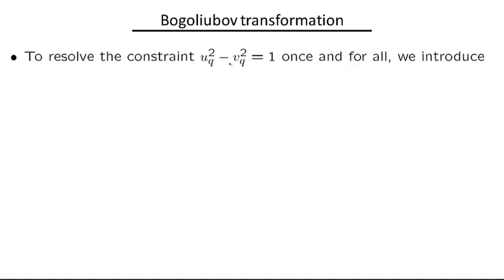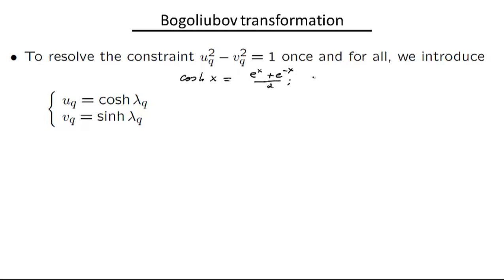This can be achieved by using the following mathematical identity. So if we introduce u of q being a hyperbolic cosine, let me remind you that the hyperbolic cosine of some x is equal to e to the power x plus e to the power minus x divided by 2, and the hyperbolic sine of x is equal to e to the power x minus e to the power minus x divided by 2.